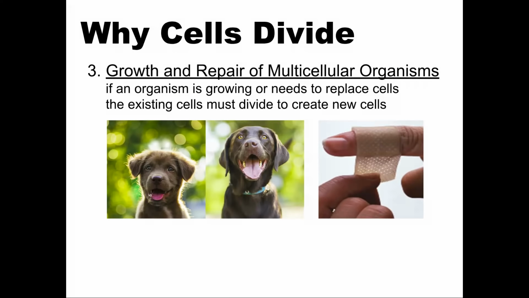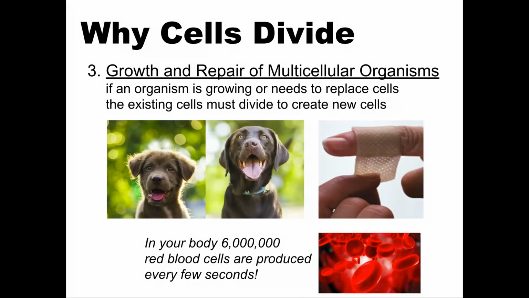Another reason why cells divide is for growth and to repair and replace cells. So, if you get a paper cut, for example, you have to regrow skin cells. Or this puppy is going to grow into an adult dog, and to do that, he'll get bigger and need new cells. Another fact is that your body is making red blood cells all of the time.